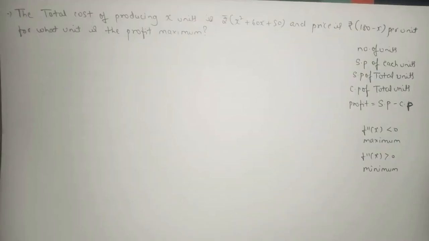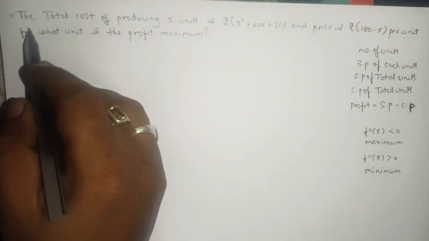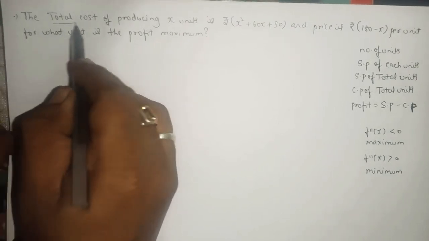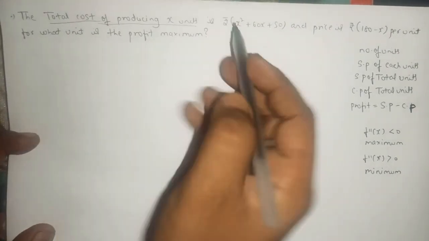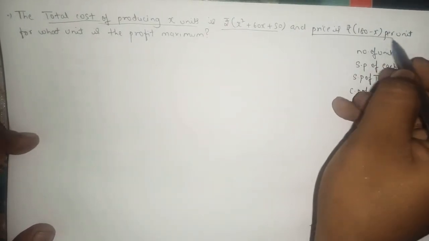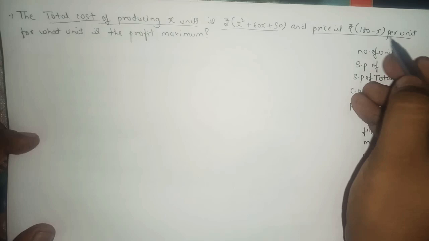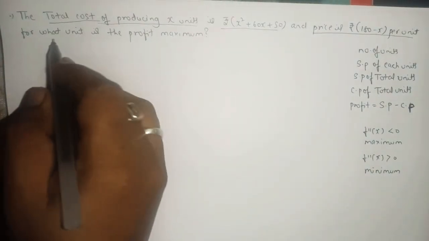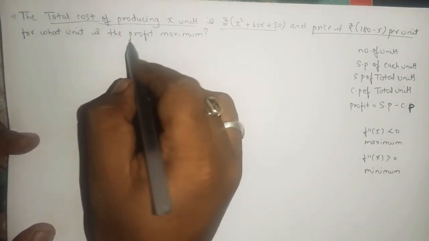So in the last sum, it says that the total cost of producing x units is so and so rupees, and the price is 180 minus x per unit, and you have to find the number of units for which profit is maximum.